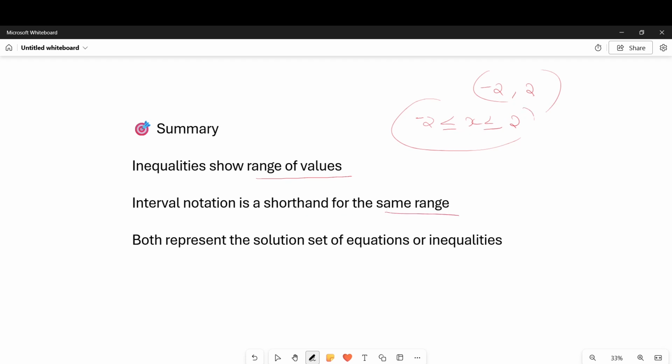So this is an inequality. The interval notation represents the same range, but in a different format. That's it. Both represent the solution set of an equation or inequalities. The two are interconnected. From the inequality sign we can convert into interval notation, and interval notation we can convert into inequality. I hope everyone understood how to deal with inequalities and intervals. Okay.